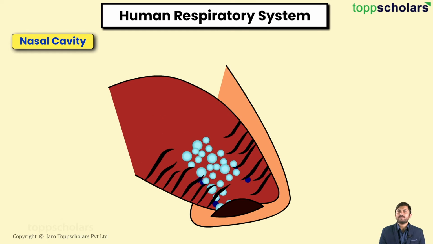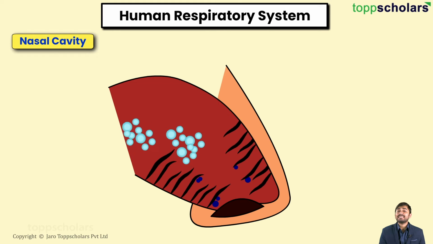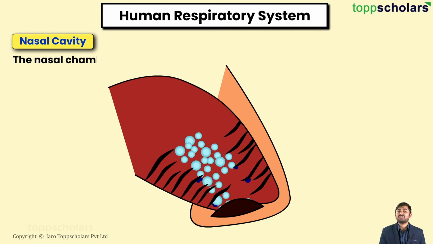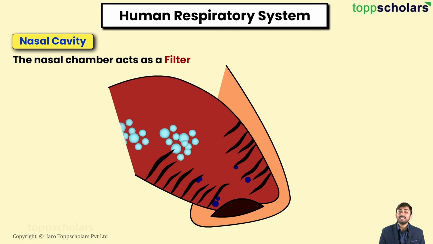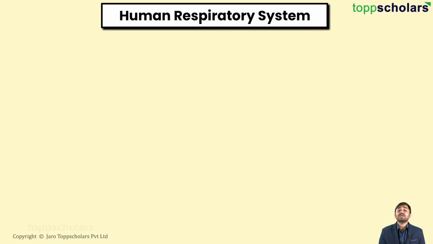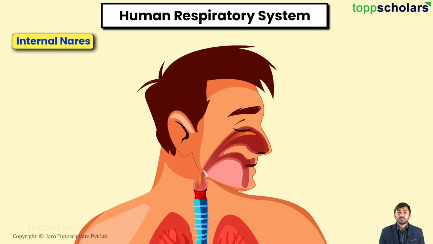The mucus present in this passage makes the air moist. So overall we can say that the nasal chamber acts as a filter as well as a humidifier. Then we move on to the internal nares. The nasal chambers open behind into the pharynx by internal nares.